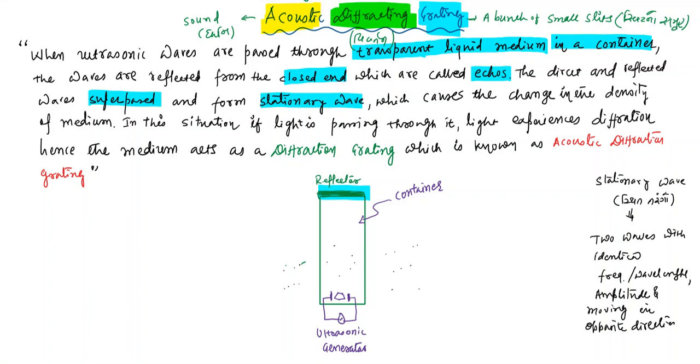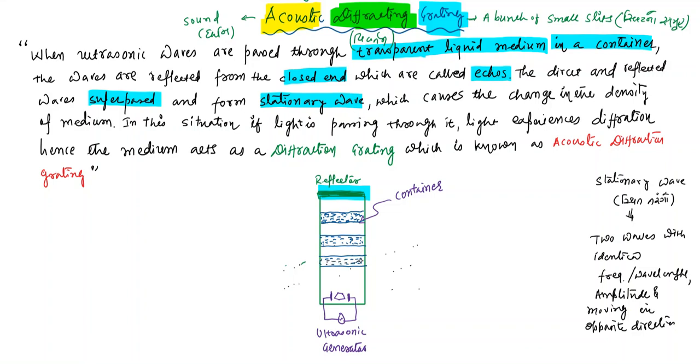where we get the density increment, there the water molecules come close to each other, we get the compressed region, then we get the rarefied region, again we get the compressed region at the nodal points, again the density is very low, again we get the dense region.